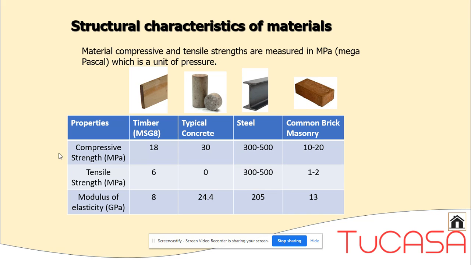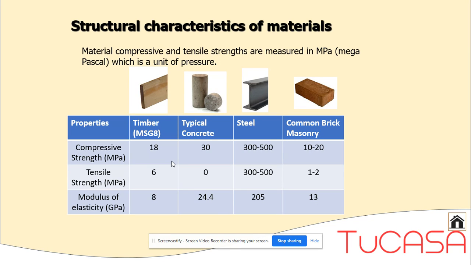Just have a look at the relative values between timber, concrete, steel, and common brick masonry, which are the building materials that we commonly use in our forms of construction. Incidentally, the modulus of elasticity there is a quantity that measures an object or a substance's resistance to being deformed elastically when a stress is applied to it.